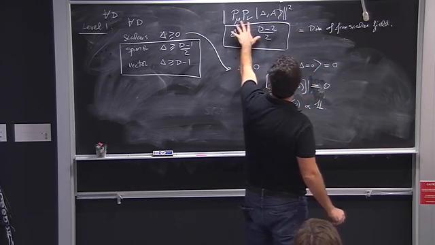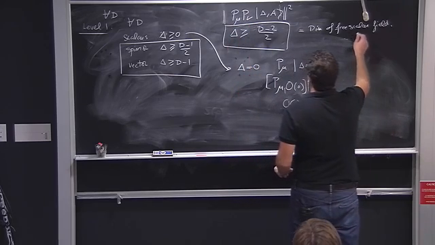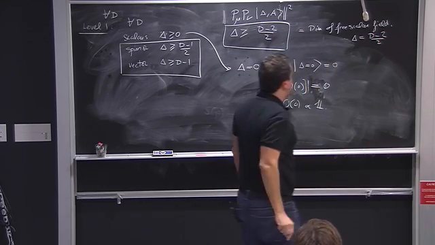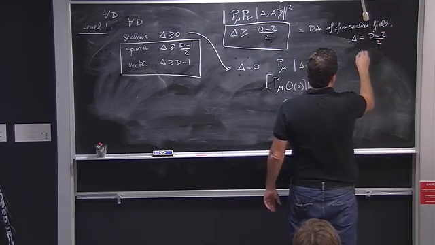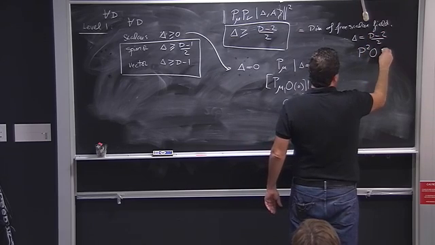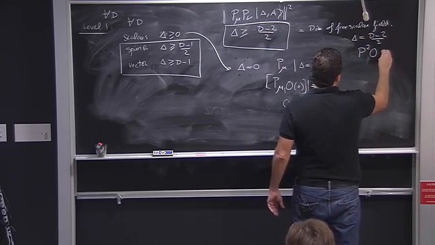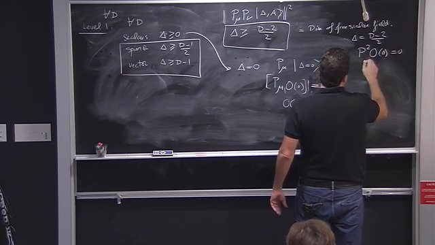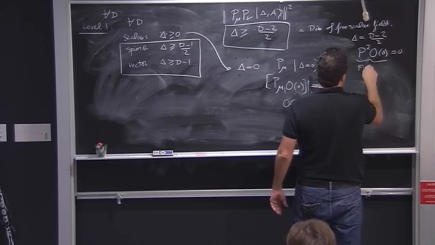Since this came at level 2, the operator that has dimension d minus 2 over 2 must obey this equation, which is nothing but the free wave equation.